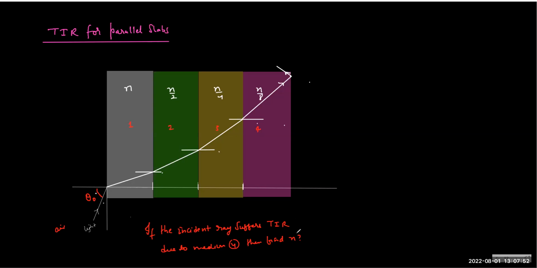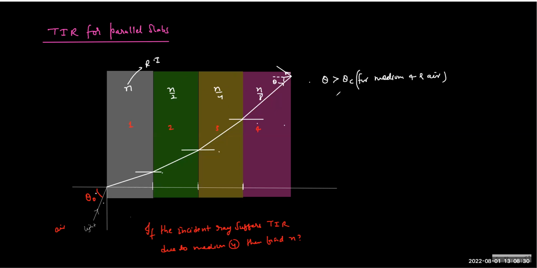So what is the n value? You may get an inequality. Can we say that this angle of incidence must be more than the critical angle for medium 4 and air? Sir, n over here is the thickness or the refractive index? The refractive index.